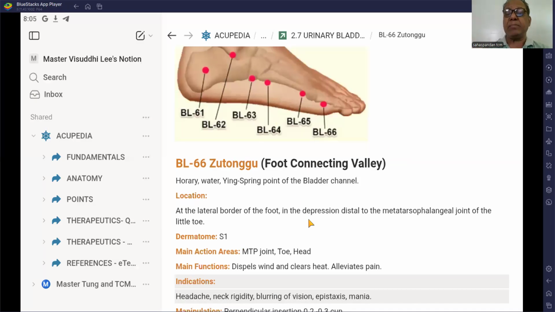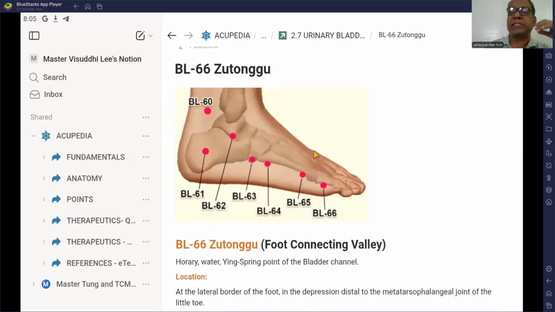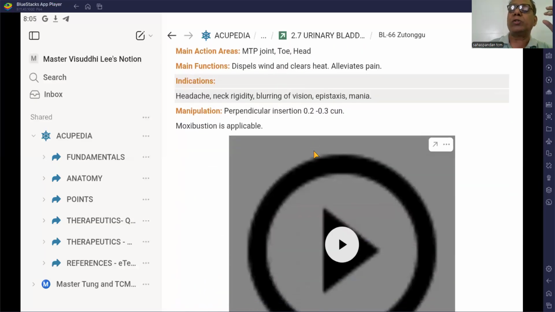Location of Bladder 66: at the lateral border of the foot, toward the little toe, in the depression distal to the metatarsophalangeal joint of the little toe. You can see a video also.